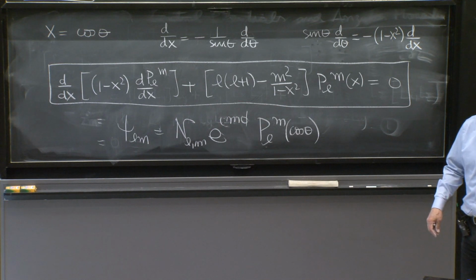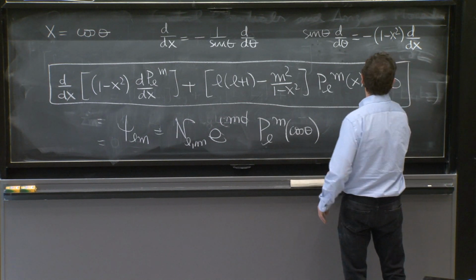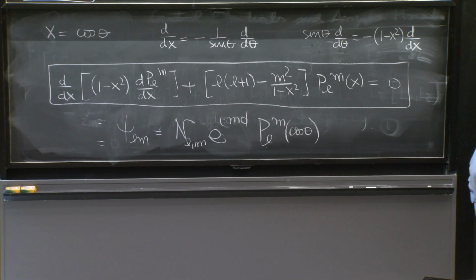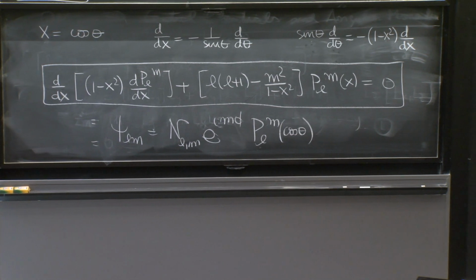Now, I want to do a little more before finishing today's lecture. So this equation is somewhat complicated. So the way physicists analyze it is by considering first the case when m is equal to 0.